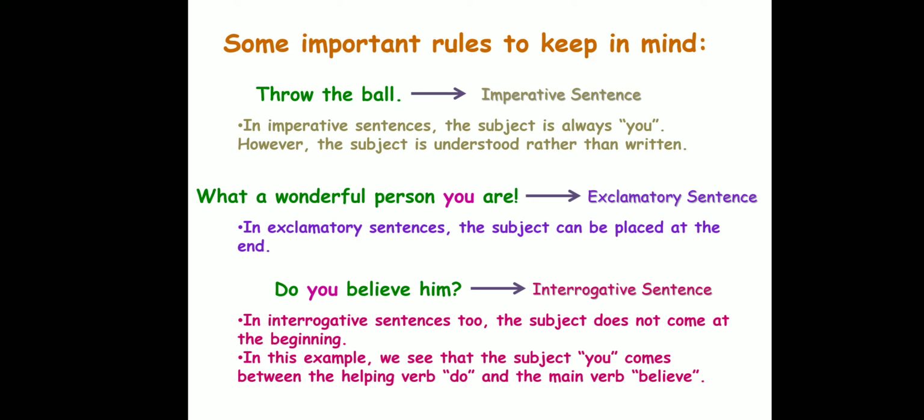Alright. So over here, do you believe him? Do is the helping verb, believe is the main verb, and you is the subject which comes in between. So whenever you have such sentences, this is how you have to highlight them. Alright. So you can just circle the subject and underline the predicate. This has to be in a particular manner.